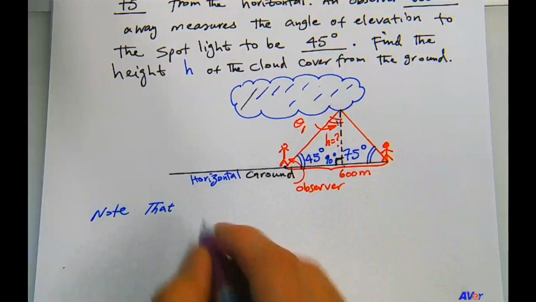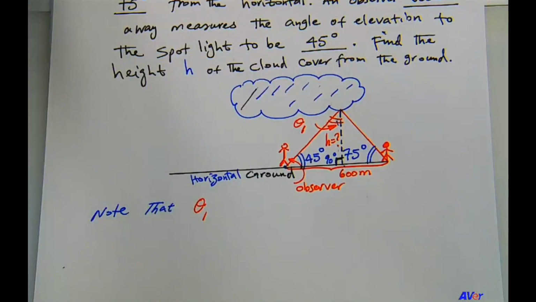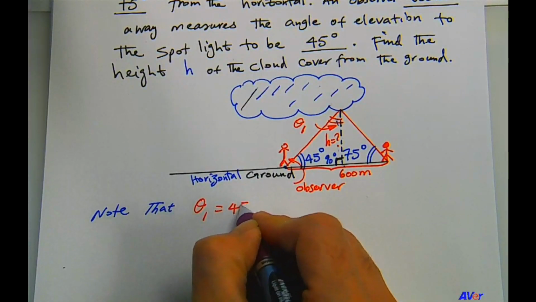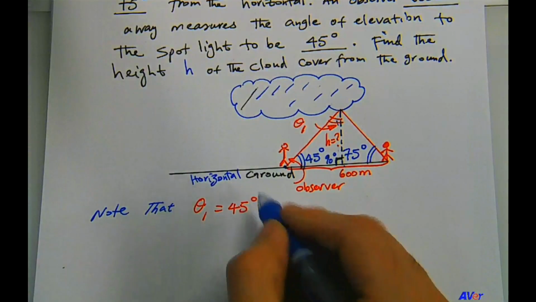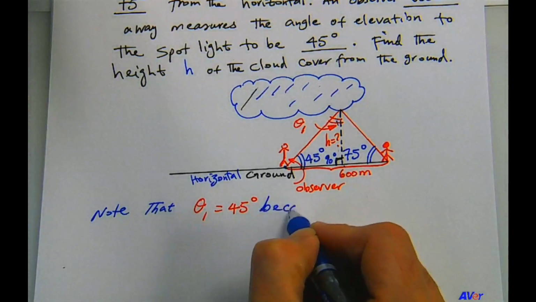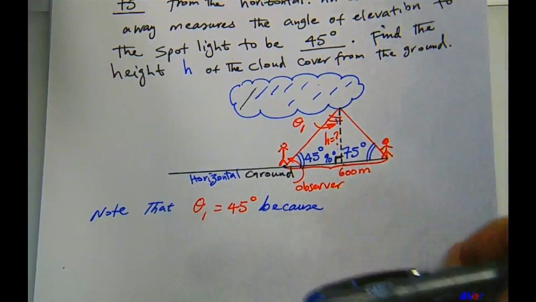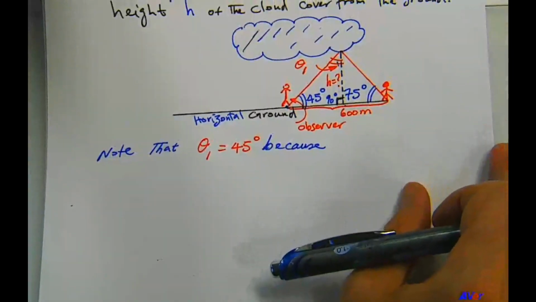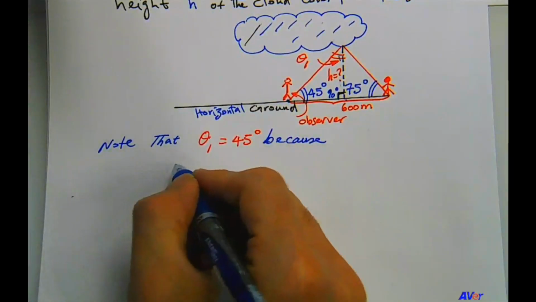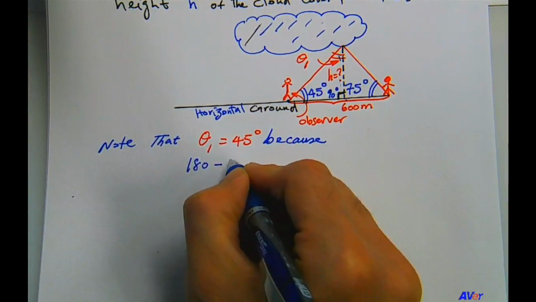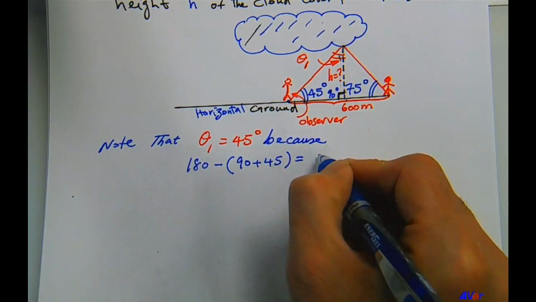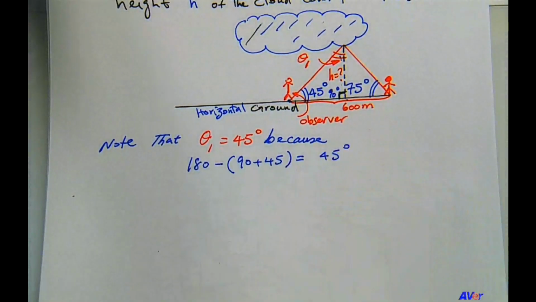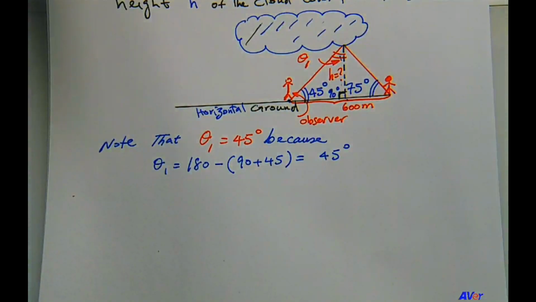That angle. Note that theta 1 should be equal to 45 degrees, because 180 degrees minus 90 plus 45 degrees would be equal to 45 degrees. And this is theta 1 equals that. Okay, so we know that right away.